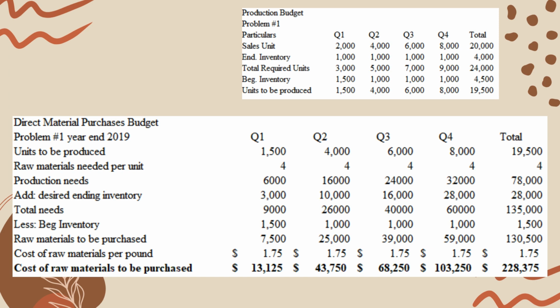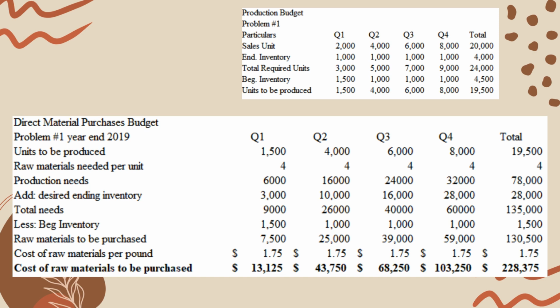So the total for the year 2019: units to be produced, 19,500, multiplied by 4 is 78,000, plus 28,000, which is the ending inventory for quarter 4, equals 106,000.